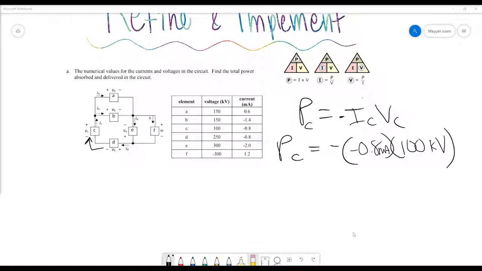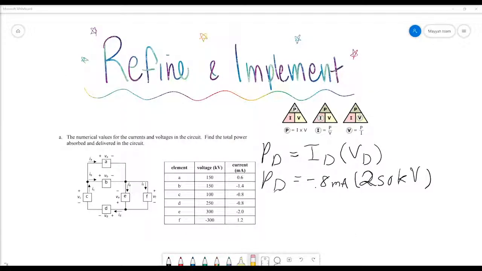For C, we need to be aware that our electricity is moving into the negative terminal, so we need to add a negative sign to our equation. This will give us an answer of 80 watts. So to get the power of D, you plug in your voltage and current and you get negative 200 watts.